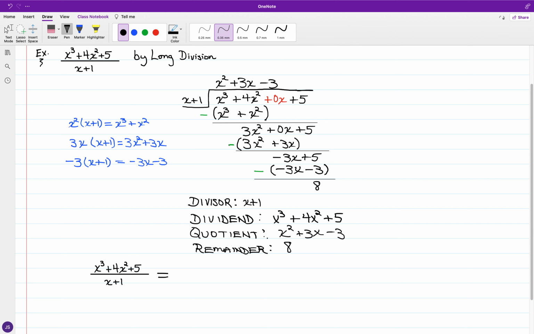So in expanded form, you have your quotient, x squared plus 3x minus 3, and with the remainder 8, you have the remainder over the divisor. So you have 8 over x plus 1. That would be the expanded form of this, kind of like a mixed number.